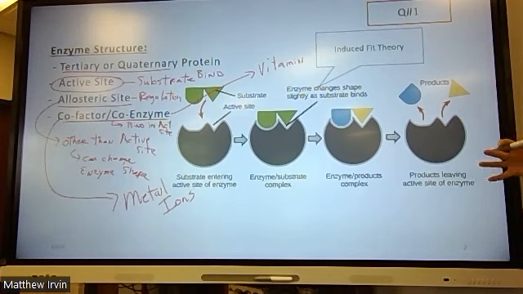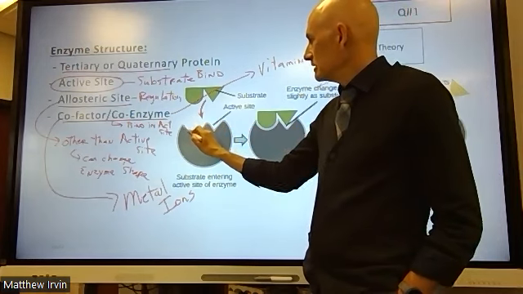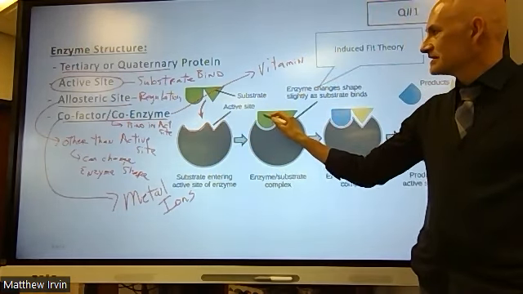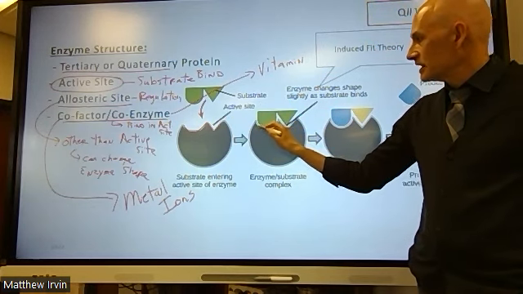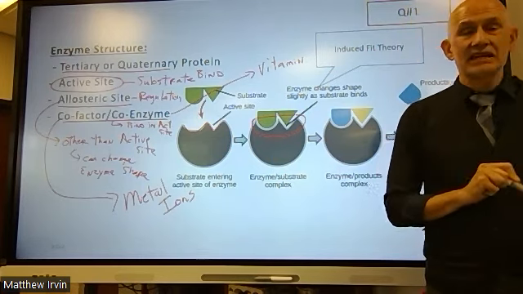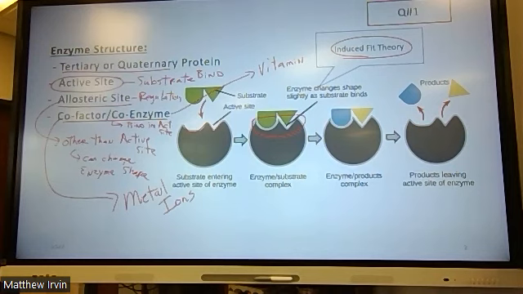So when we are looking at enzyme kinetics and the way that they work, you have your active site. And so what we see in this picture, we have the original shape. But when the substrate binds to the active site, we see that the shape of the active site changes slightly. That is called the induced fit, so that there is a tighter bonding between the active site and the substrate.